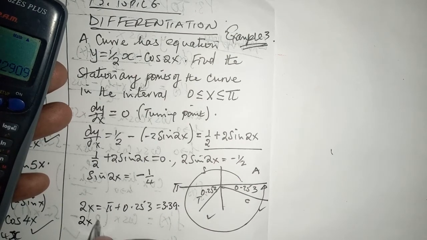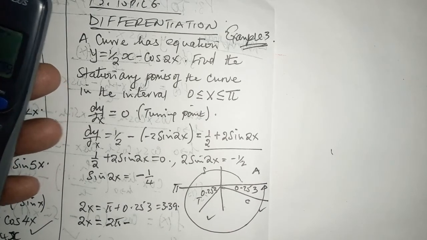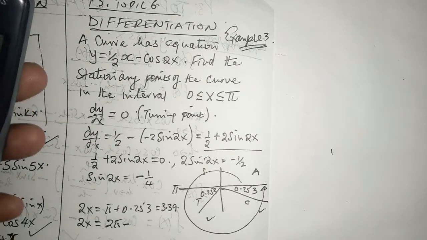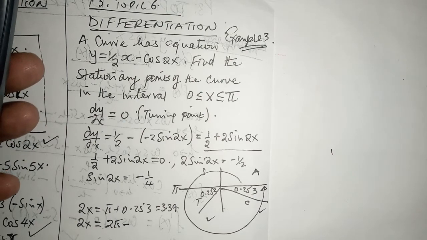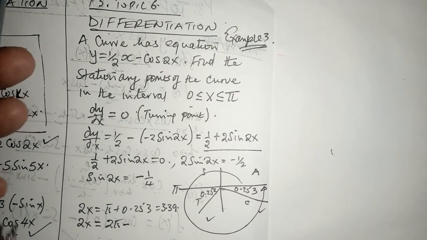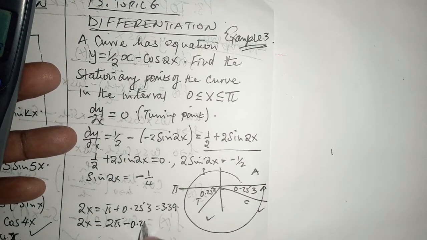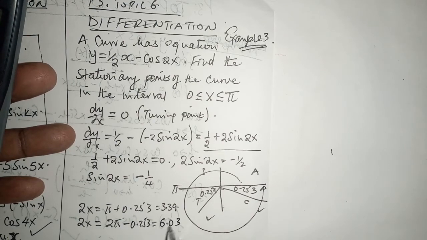Or 2x can also equal 2 pi, because of the whole complete circle, minus 0.253, which is 6.03.